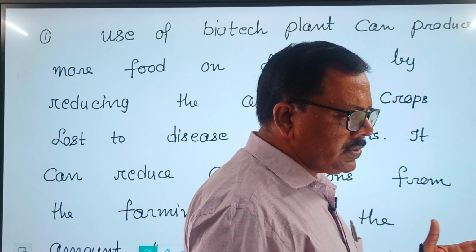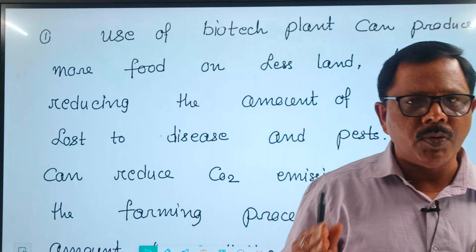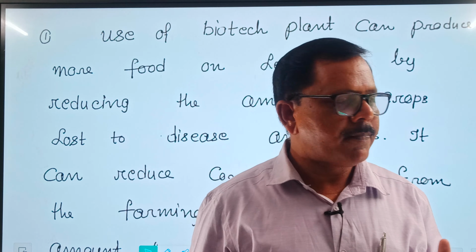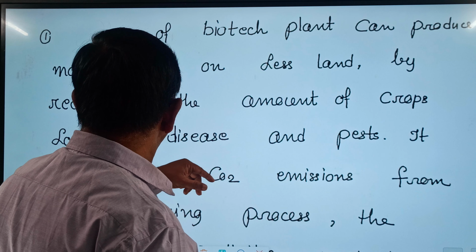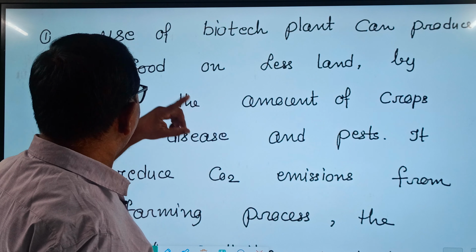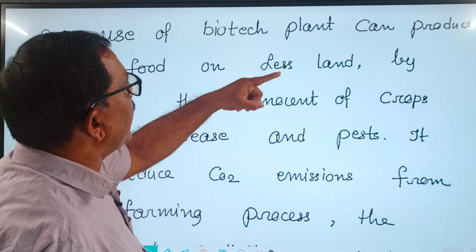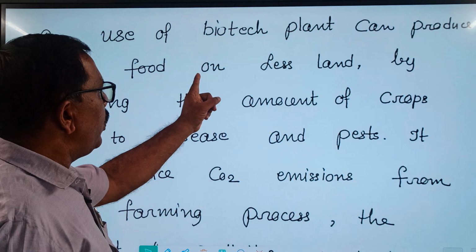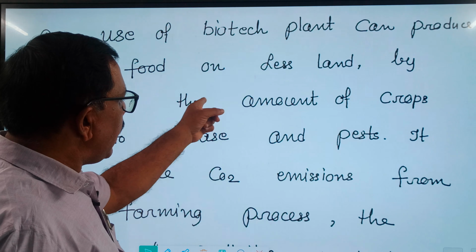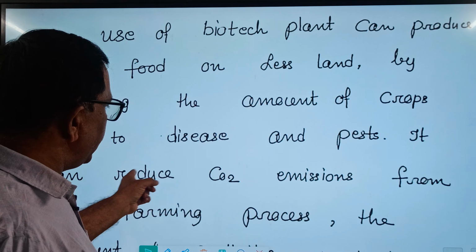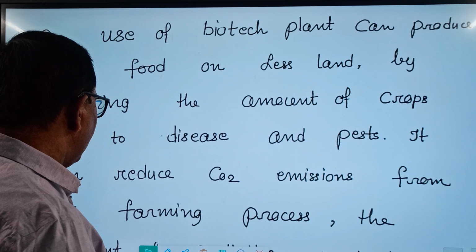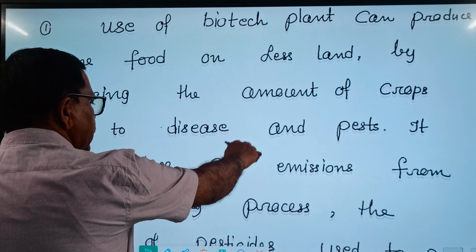The technical terms and scientific approaches are applied over there, and it is necessary to draft in such a discipline. Again, the use of biotech plants can produce more food on less land. By reducing the amount of crops lost to disease and pest, it can reduce CO2 emissions from the farming processes.